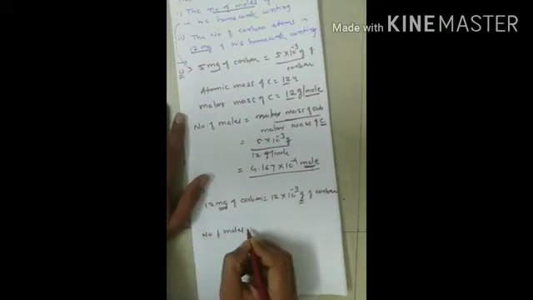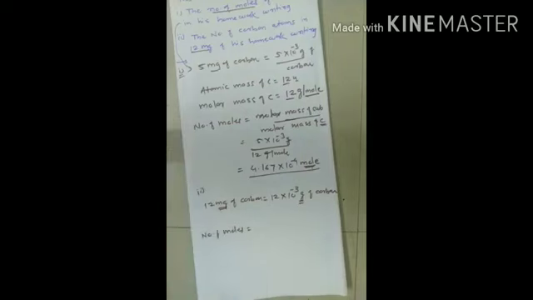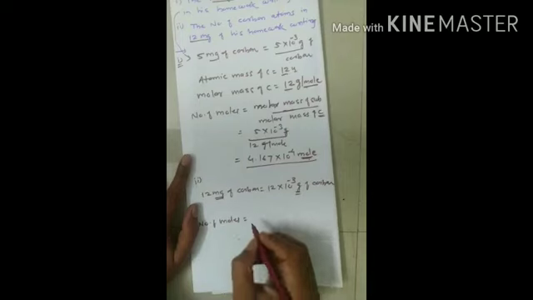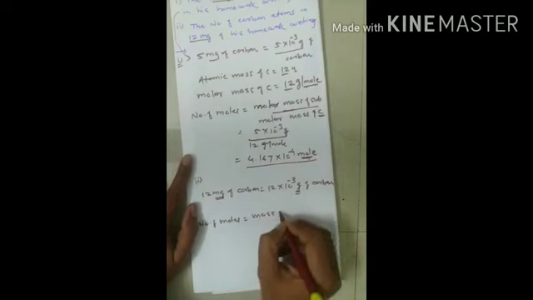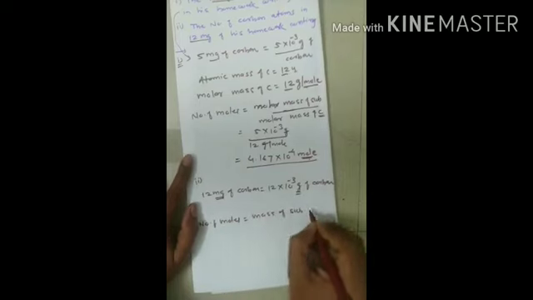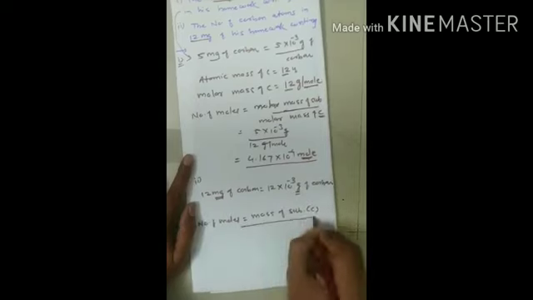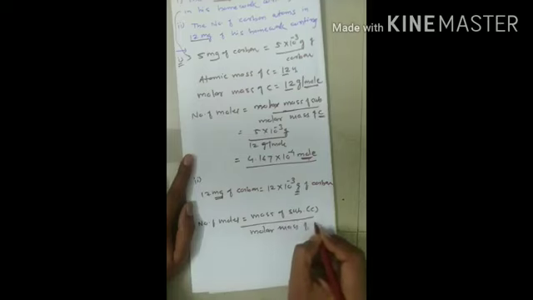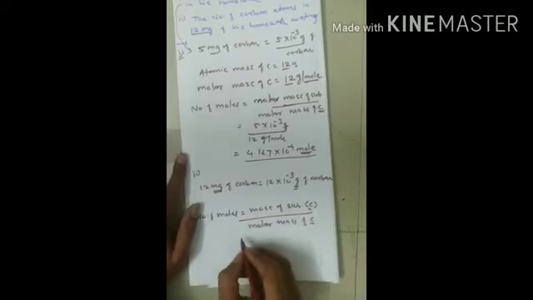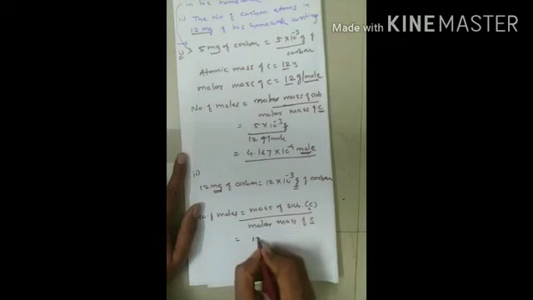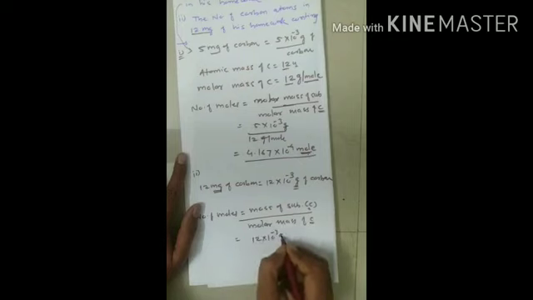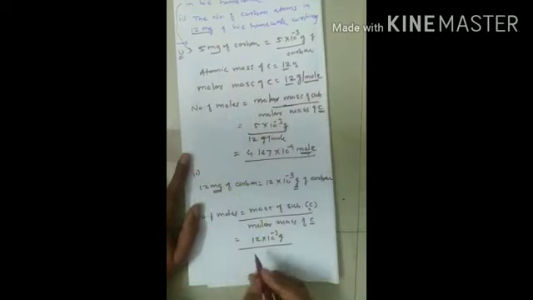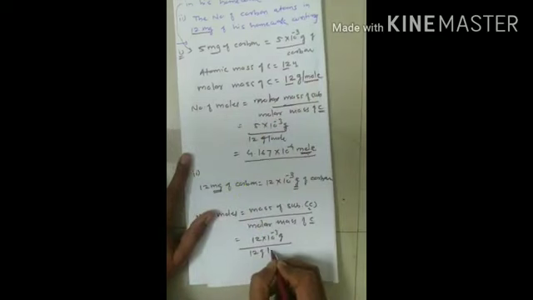Exactly the same kind of problem we already solved, but the values are changed, so we will solve it again. Number of moles is the mass of the substance, in this case carbon, divided by the molar mass of carbon. The mass of the substance is given as 12 into 10 raised to minus 3 gram, and the molar mass of carbon, as we already discussed, is 12 gram per mole.